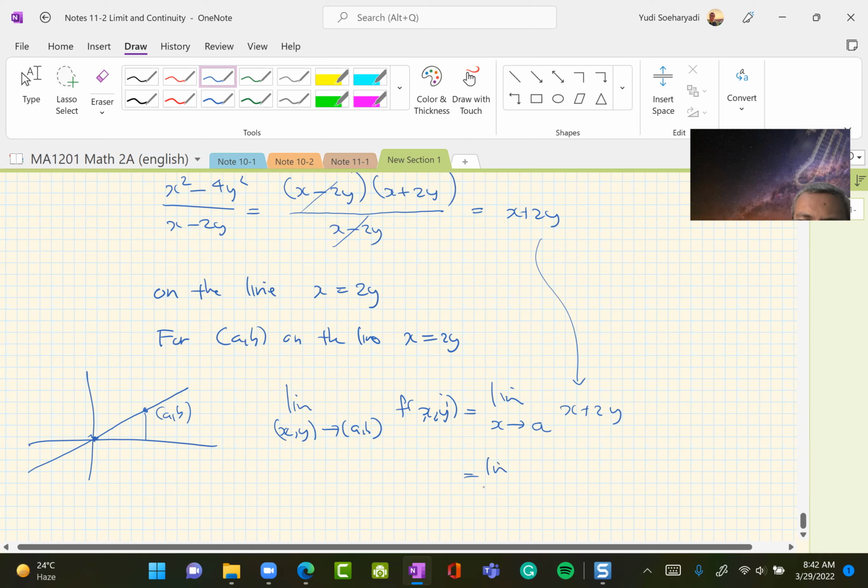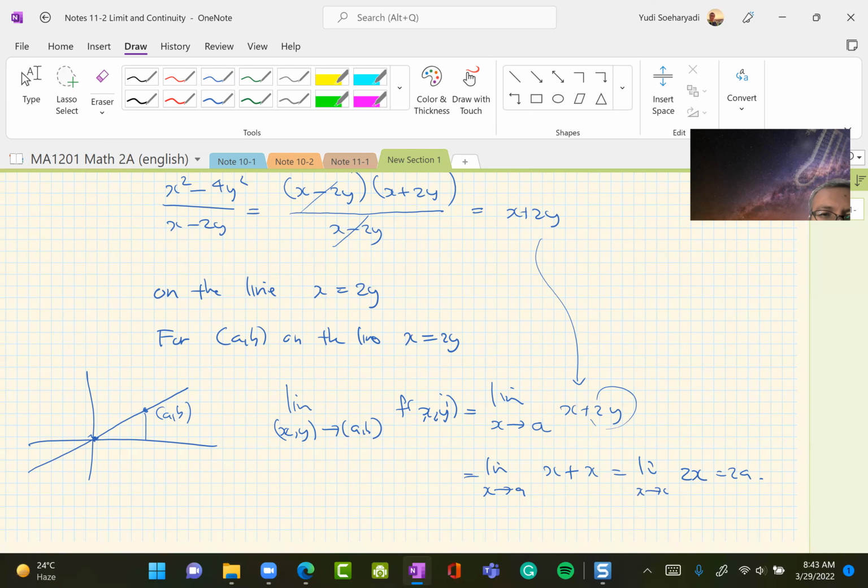Then this becomes x plus 2y, which is just 2x. Okay, so it's 2a. So then what's the value of g of x?